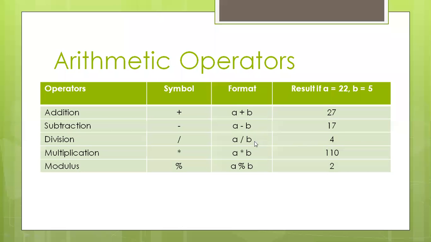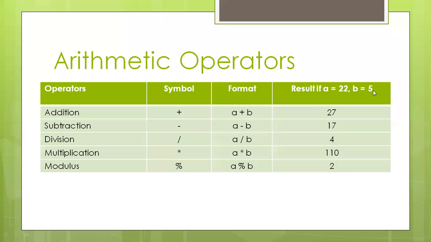When we use division, a divided by b means 22 divided by 5. It will not give me any decimal value, because these values are integers.